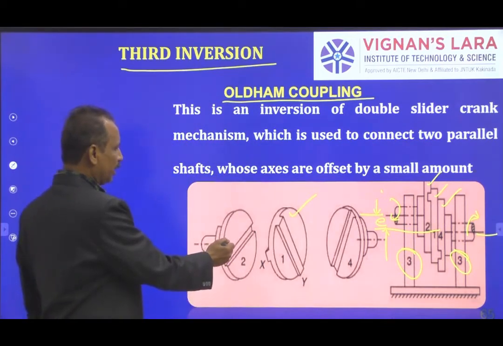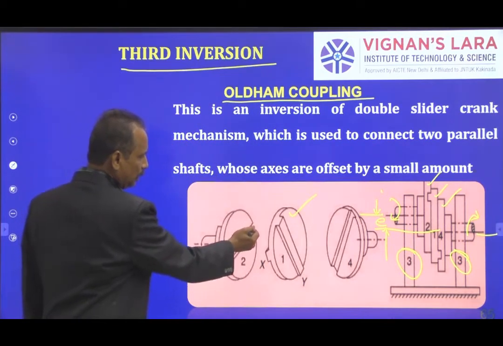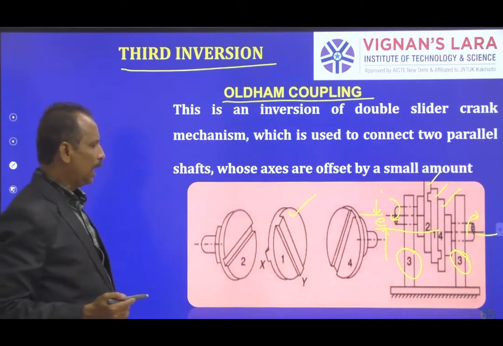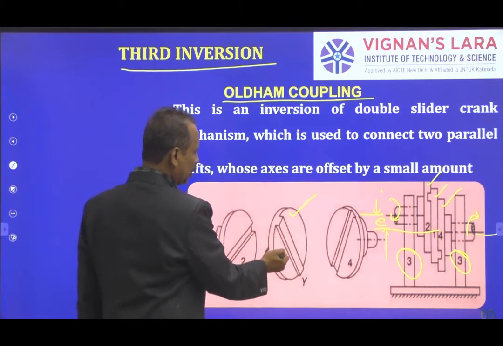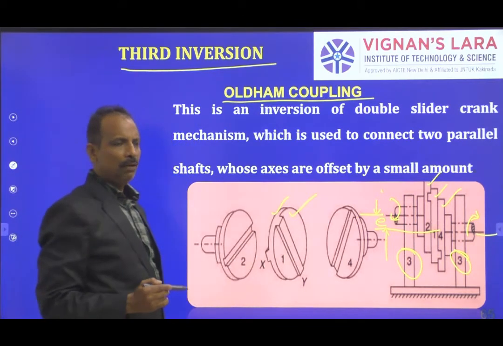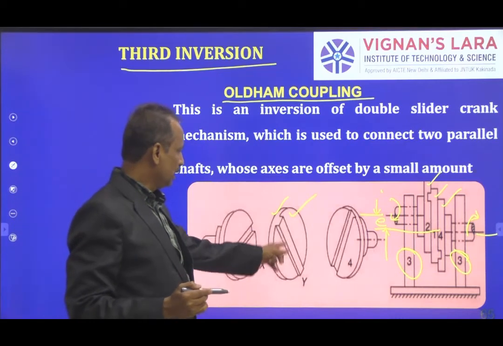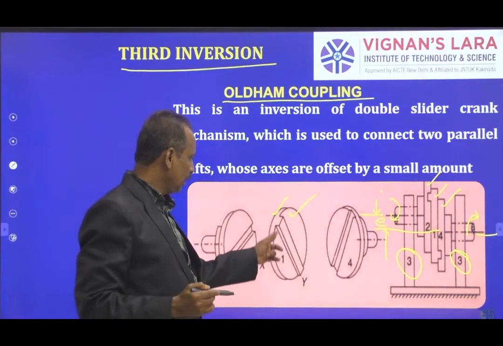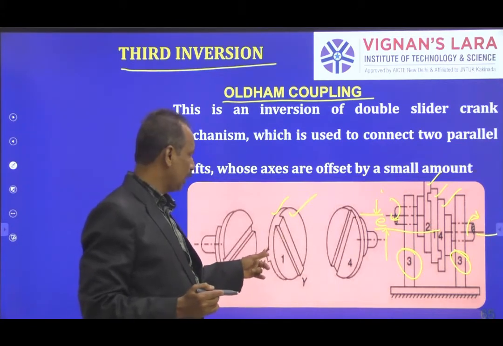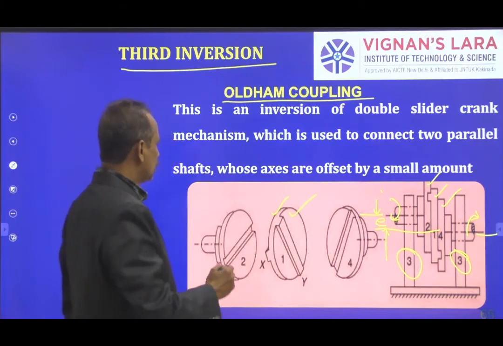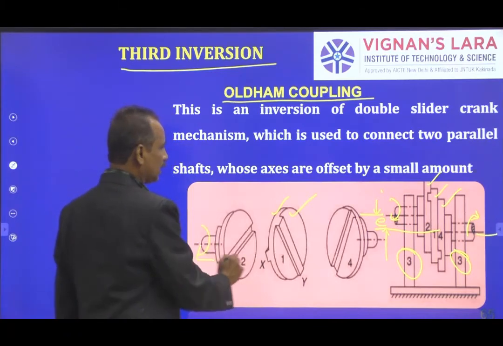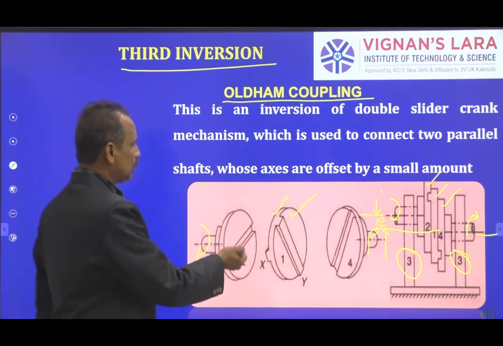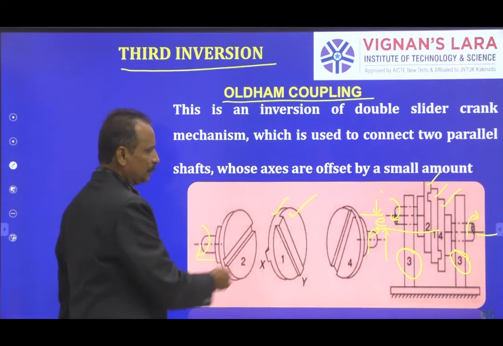You can see here there is a slot on the link 2 and there is a slot on the link 4, and there are corresponding projections on the middle one, that is on the link 1. One is like projected teeth in the y direction and projected teeth in the x direction, like this. So when this rotates and this also rotates, the intermediate link simply slides.